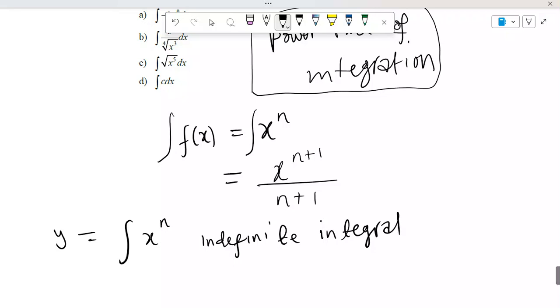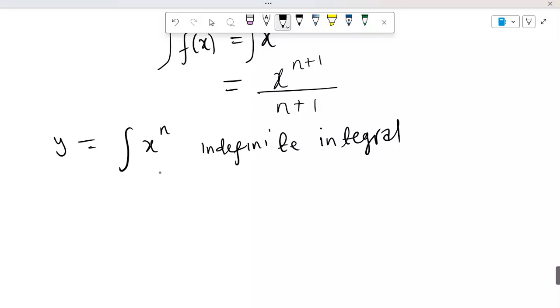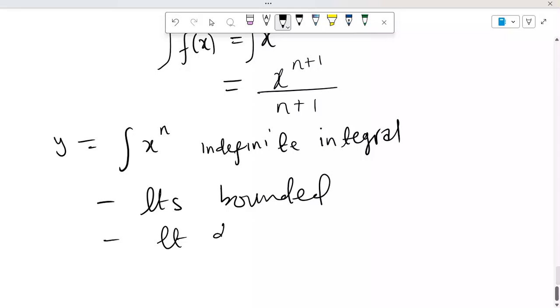Why do we call it indefinite? It's not bounded. In short, it does not have limits of integration.